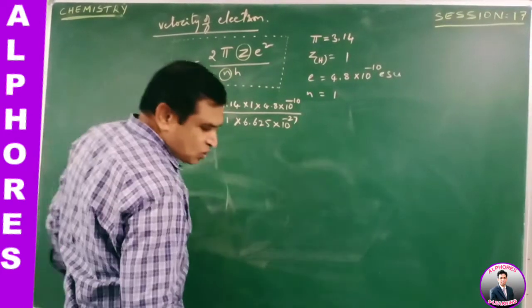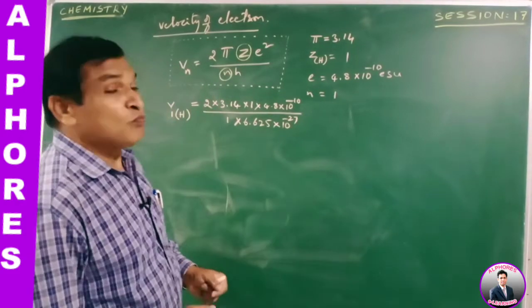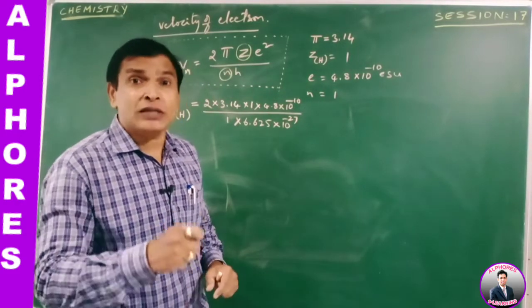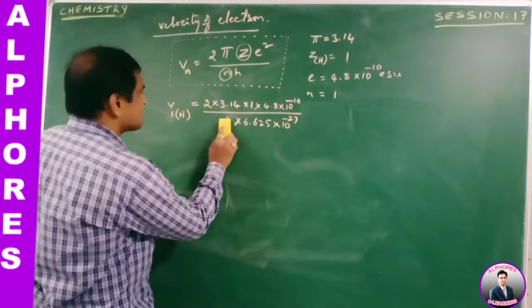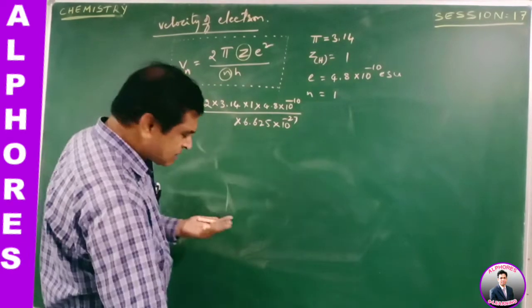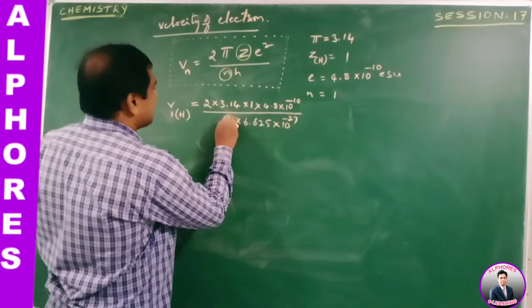So, what is the question I ask now? Calculate the velocity of the electron in the third orbit of hydrogen atom. Therefore, third orbit means n equals 3.